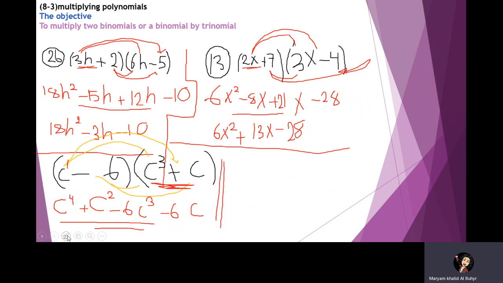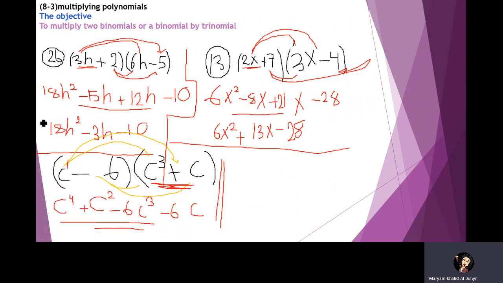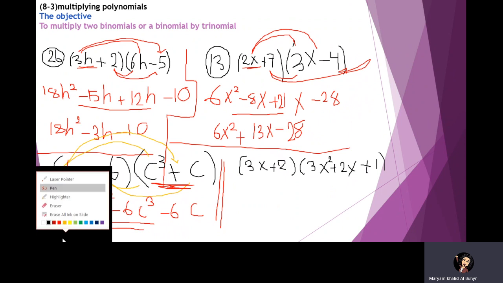Let me give you one more thing before I conclude my lesson. I just want you to notice that, for example, if you have 3x plus 2, times more terms here, plus, let's say, 2x to the power 2 plus x plus 1, you don't need to worry even if you have something like that.